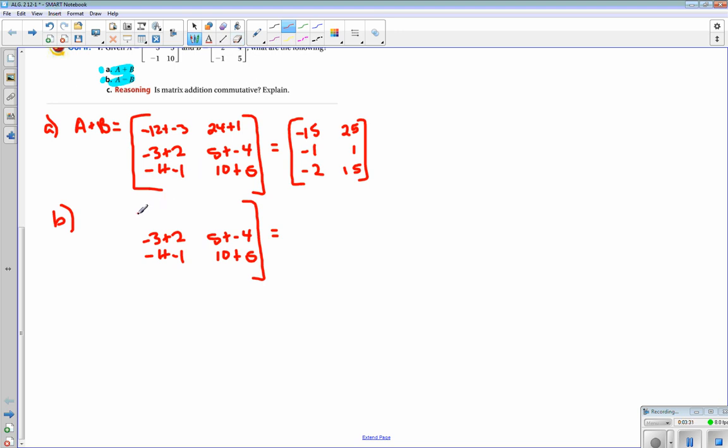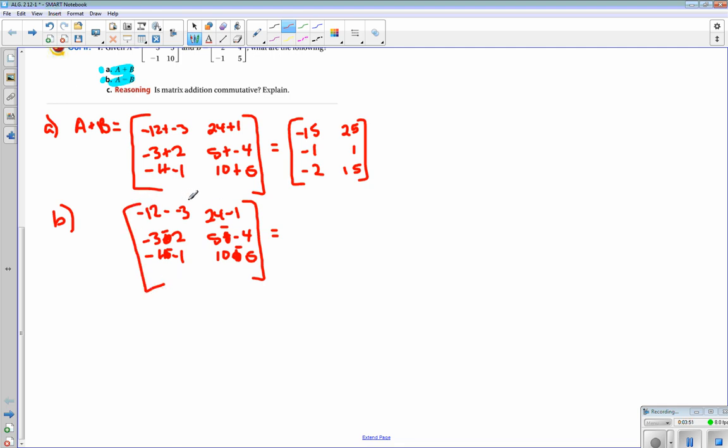So instead of plus signs, we are going to put in minus signs. So this is going to be a minus, this is going to be a minus, this is going to be a minus, and this is going to be a minus.